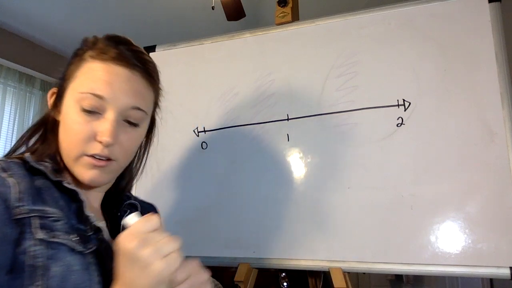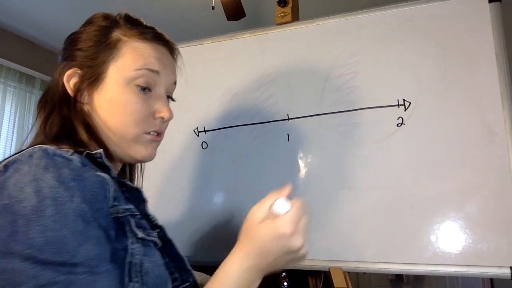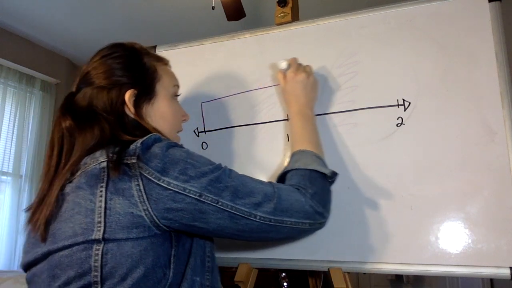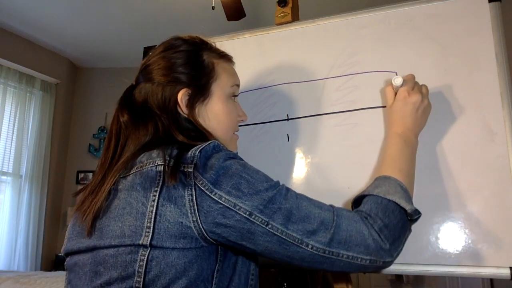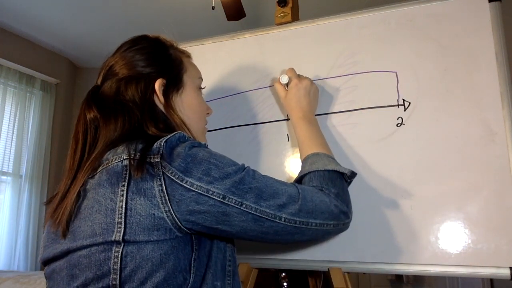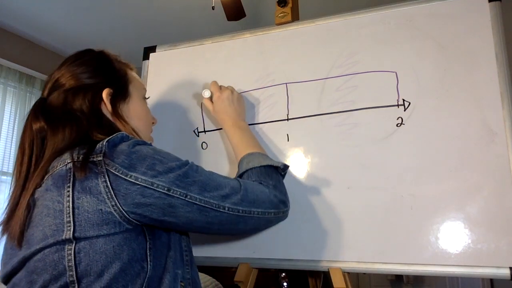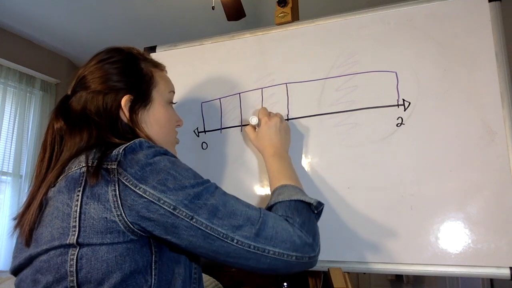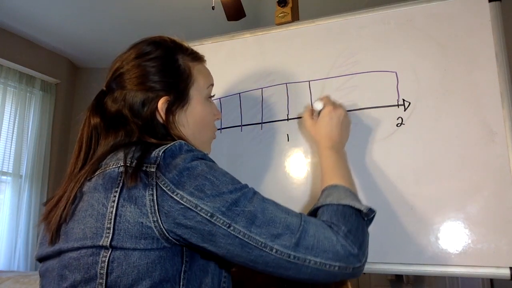And then I'm going to draw the picture like they did. And I'm going to split each section so I have 4 equal shares because we are looking at fourths.